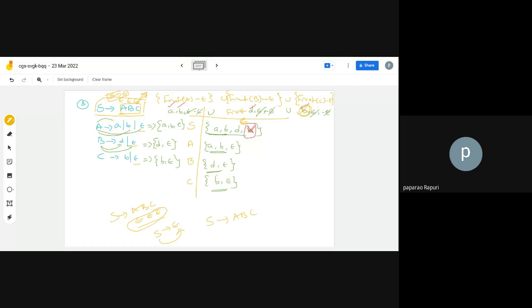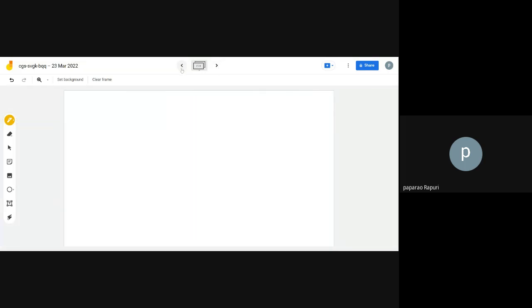Now a previously asked GATE question. Consider the grammar A derives A1 A2 A3. First of A has 5 elements.